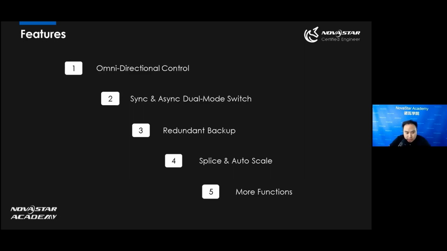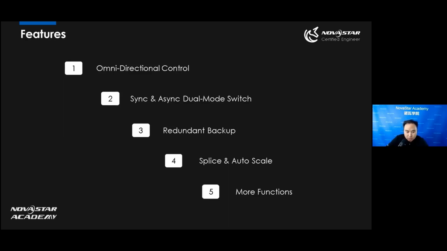The second one is the SYNC and ASYNC dual mode switch, which means the Taurus series cards can support SYNC, which means it can support the HDMI input, and the ASYNC mode means it can display the internal video or image.